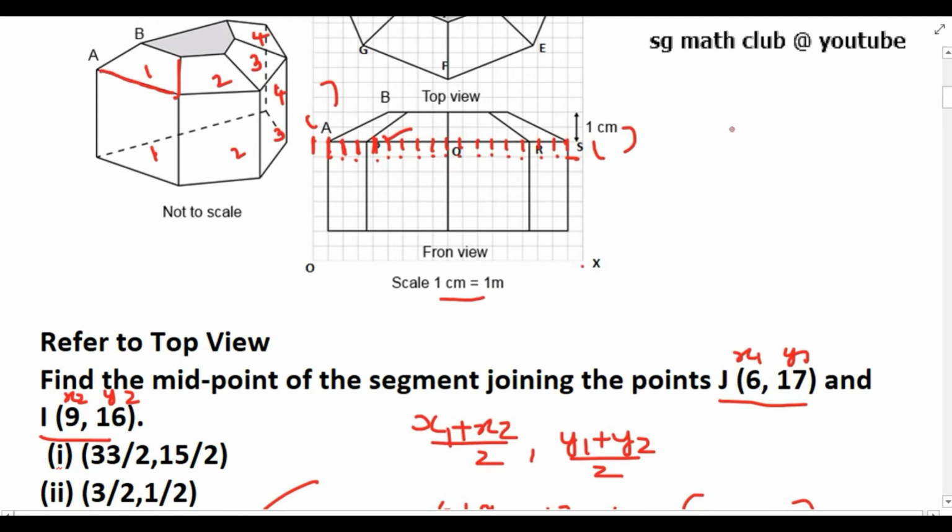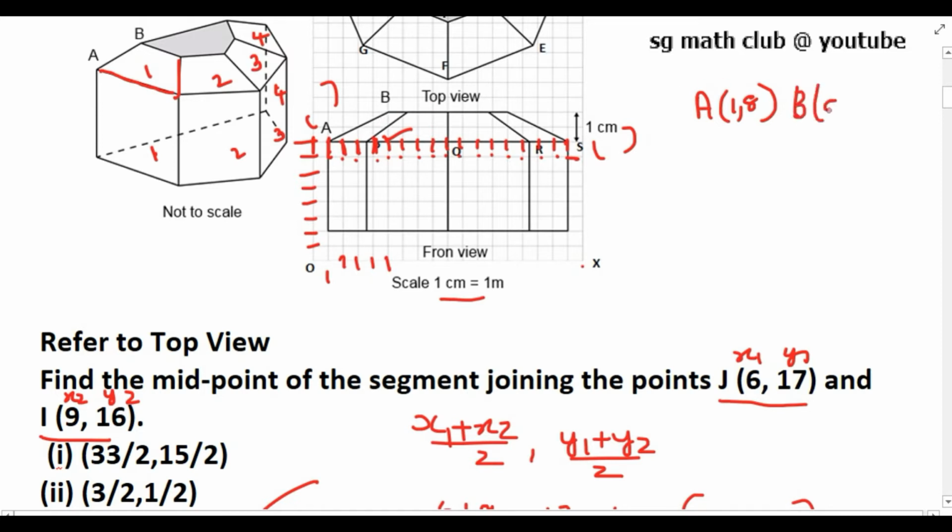The coordinates of A: the x coordinate will be 1, and the y coordinate will be 1, 2, 3, up to 8. So A is (1, 8), and the coordinate of B is at 5 on the x-axis.